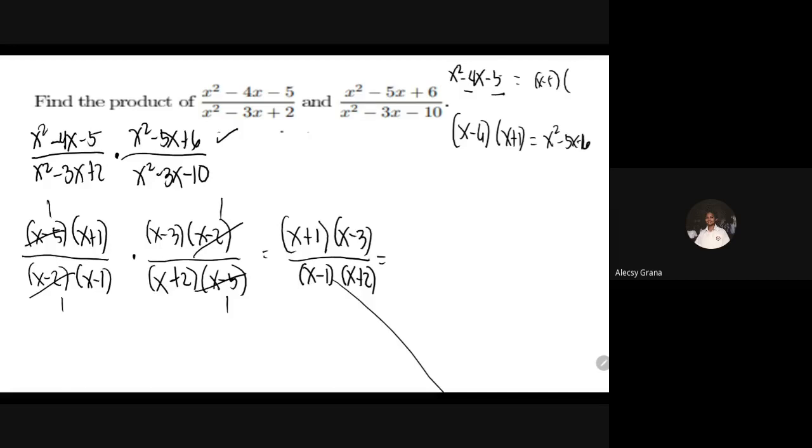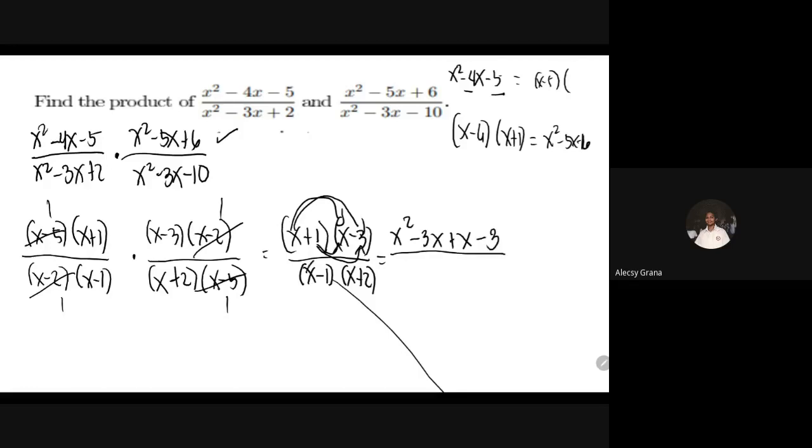Tapos, hindi pa nagtatapos ang sagot. Kailangan pang expand yan using FOIL method. So this is x squared minus 3x. Ito naman, distribute mo plus x or plus 1x. Ito naman, i-distribute mo minus 3.